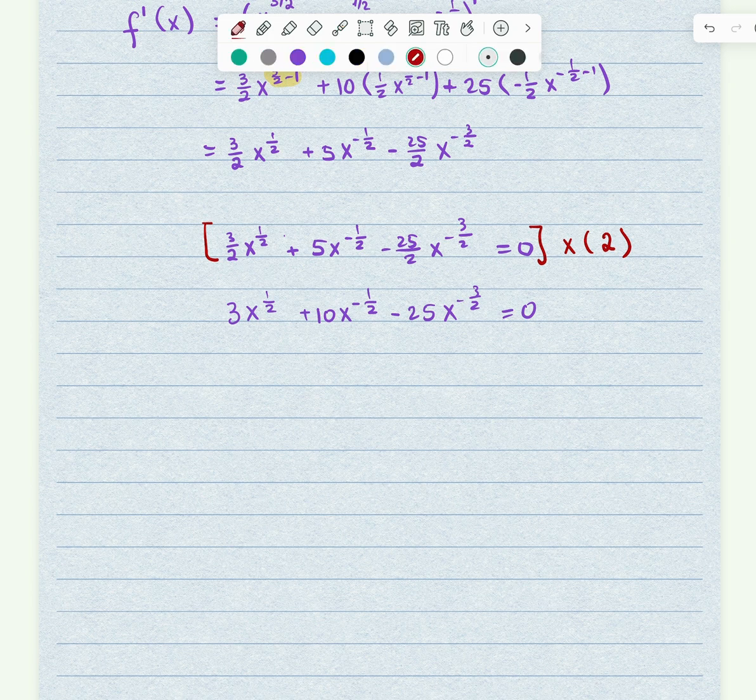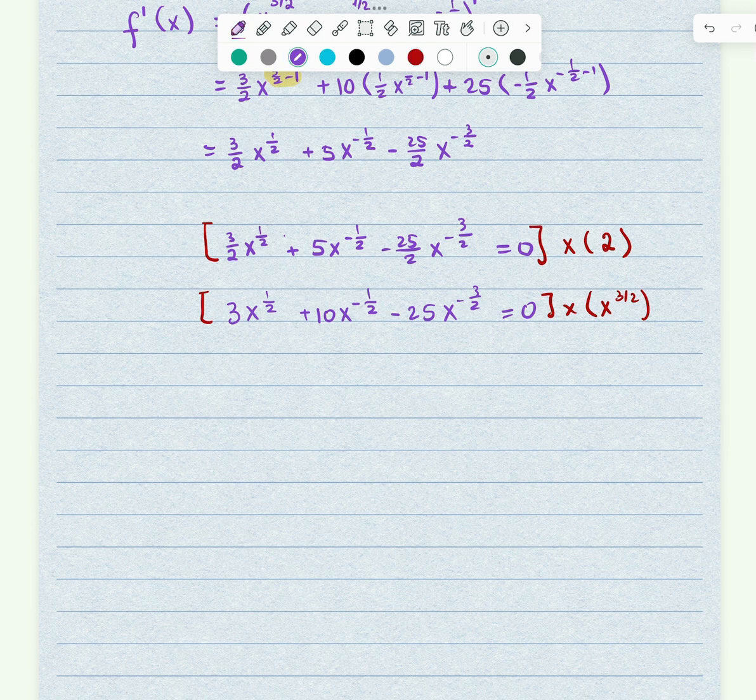Okay, so as I told you, you can think of this as factorizing this expression: x to the power of 3 divided by 2. Why positive? Because if I multiply this by that, it's basically going to be x to the power of 0. We're going to have 25 only, and the same applies to the other ones.